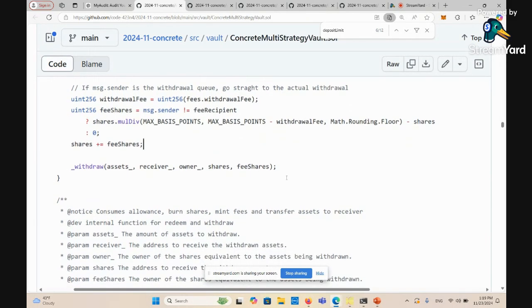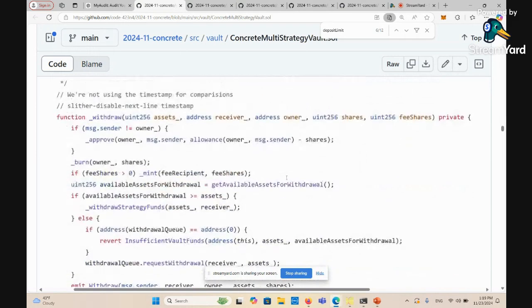All right, so let's go to the next one. Now this one is probably easier. You're going to get this amount of asset. You have to burn this amount of shares, and then this amount of shares is going to be minted, and these shares already contain the fee shares. First of all, you're going to check if the caller is the owner or not. If the caller is not the owner, we have to use allowance.